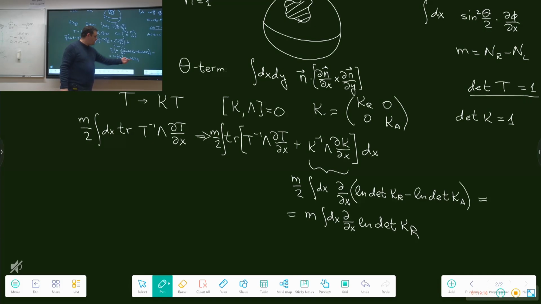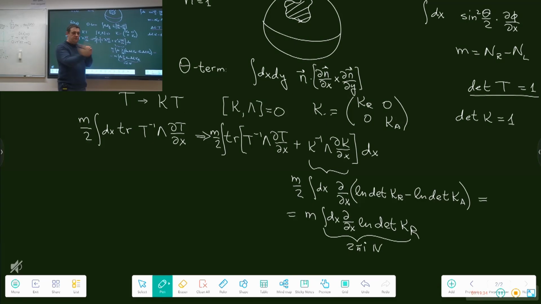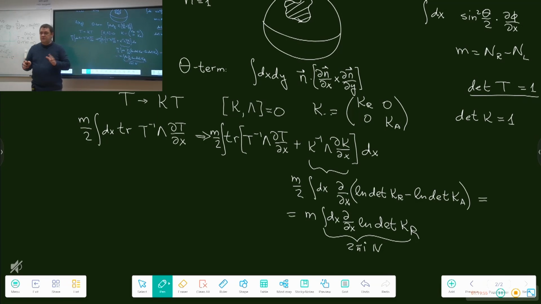And this integral is 2 pi i times some integer number, because K is going on a closed trajectory. K should return to the original value. And this logarithm is the phase, so it can rotate only by an integer number of 2 pi i. And this number m should also be an integer, so the product is also an integer. When we do a gauge transformation, we always add to the action only an integer multiple of 2 pi i. So in the exponent, it has no physical consequence.